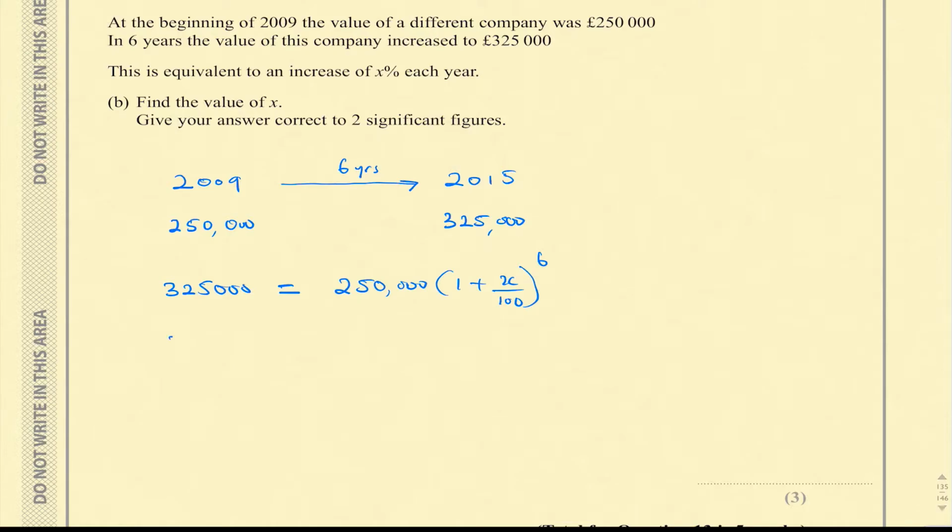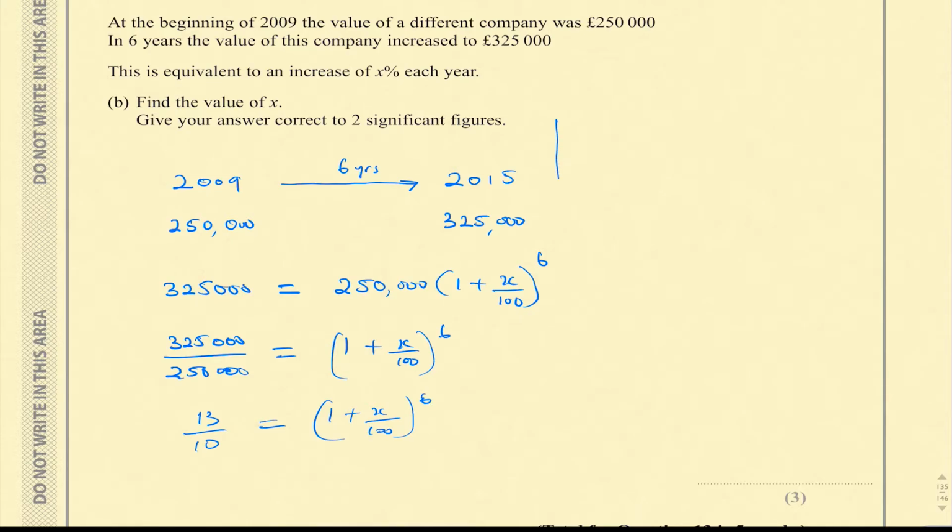So that will give us 325,000 divided by 250,000 equals 1 plus X over 100 to the power 6. 325,000 divided by 250,000 is 13 over 10, which equals 1 plus X over 100 to the power 6.